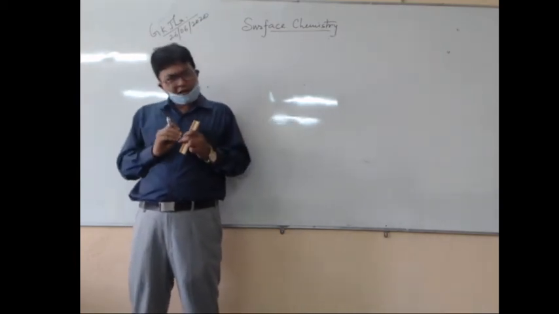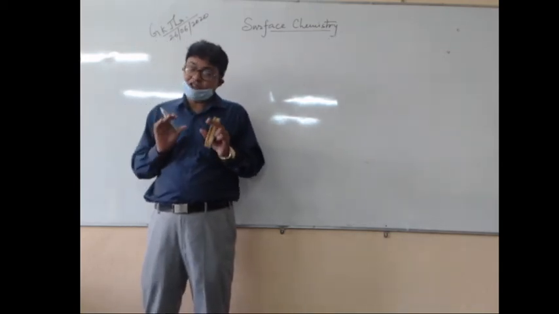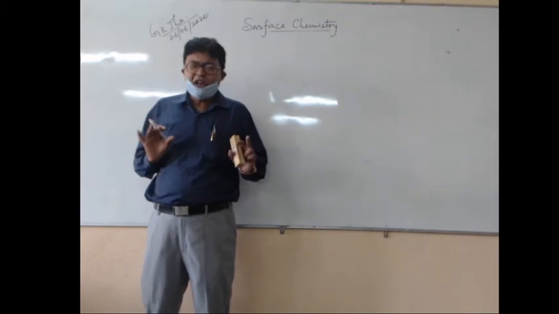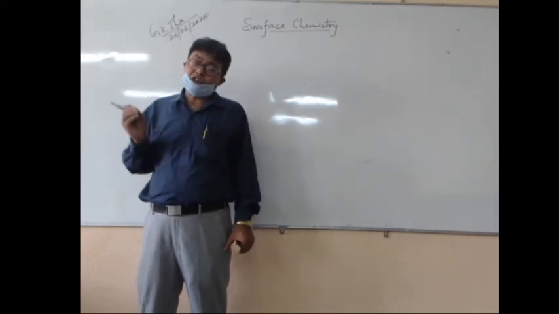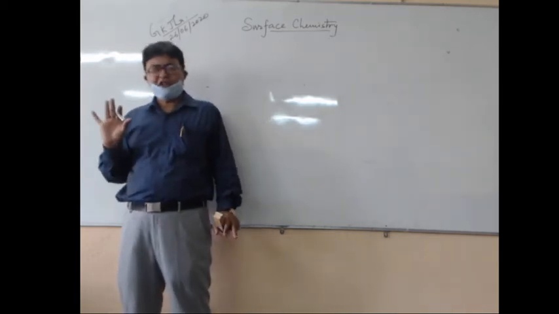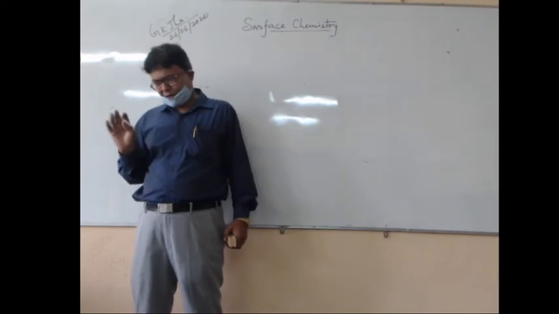The adsorbent is the substance which provides its large surface area for adsorption, and the adsorbate is the substance which is adsorbed onto the surface of the adsorbent. Is it clear? So many examples we have given you for adsorbents.